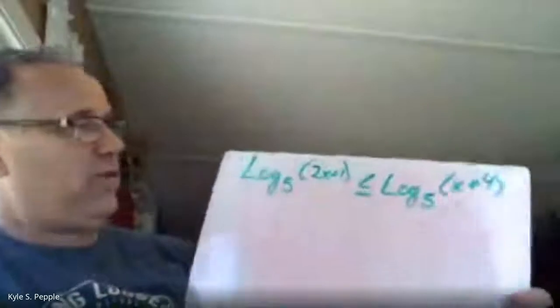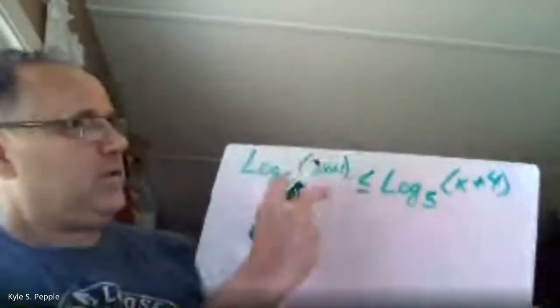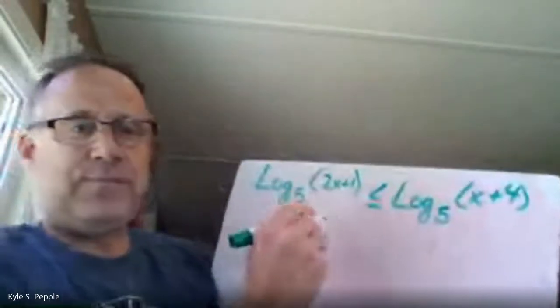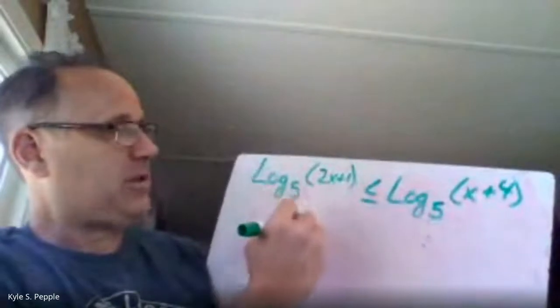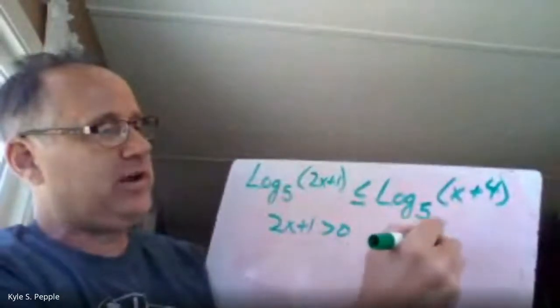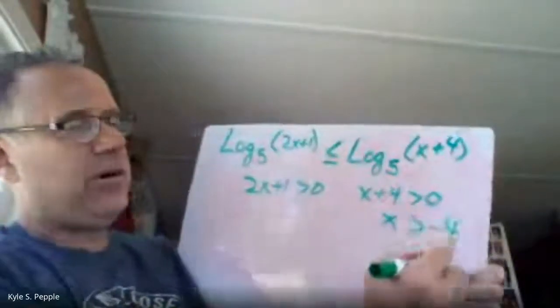All right, so now we're going to do guided practice 4. Here's guided practice 4. Okay, so we know that that needs to be positive. 2x plus 1 needs to be greater than 0, and x plus 4 needs to be greater than 0. X greater than -4.